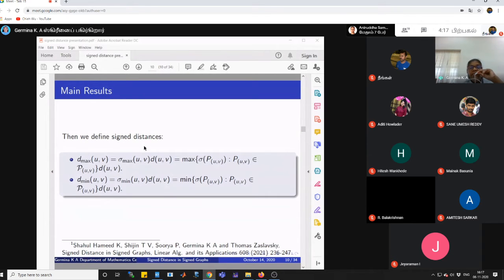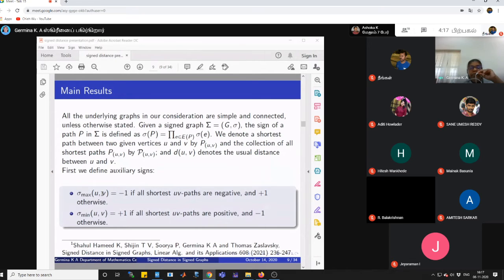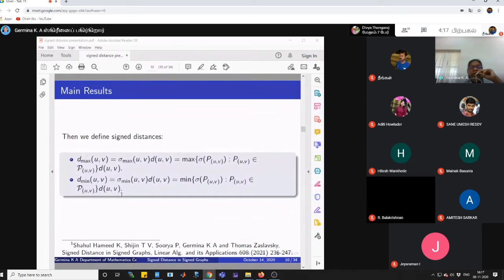Then we define signed distance. Using this sigma max of uv and sigma min of uv, we define the signed distance d max of uv as sigma max of uv, as we have already defined, times the distance from u to v. So that is nothing but the maximum of sigma of P_uv, where P_uv is from the collection script P_uv, times d_uv.